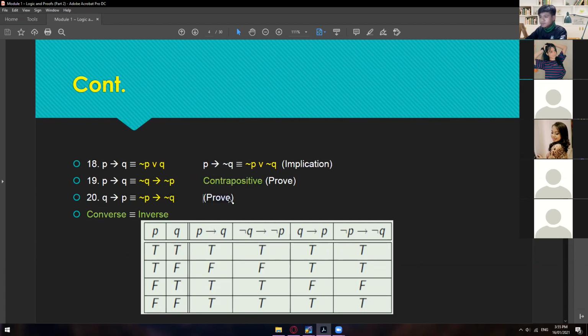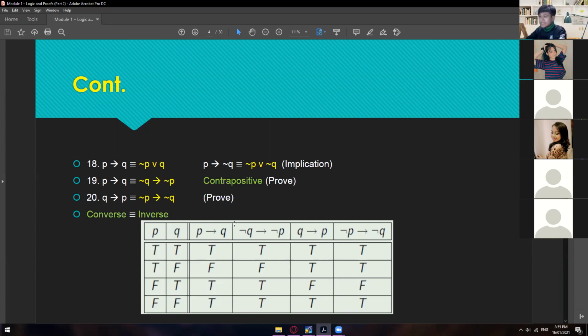So we have here the proof on why or how they are equal using a truth table. This one, P conditional Q is equal to not Q conditional not P, which is number 19. If you evaluate their values, you'll come up with those results: true, false, true, true, and then true, false, true, true.